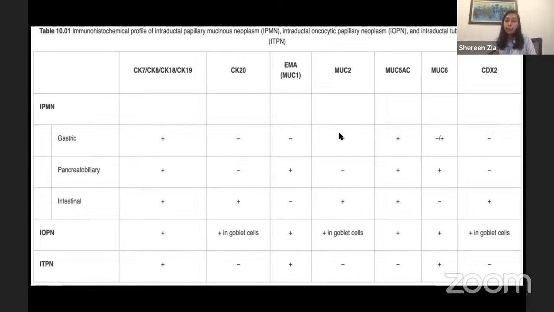Gastric type IPMN stains with MUC5AC. Pancreatobiliary usually stains with MUC6, and the intestinal type, like we saw in the first example, can stain with CK20 and CDX2. Then the staining patterns for IOPN and ITPN are different, as you can appreciate in the table: IOPN stains with MUC1, MUC6, and MUC5AC, and ITPN shows MUC1 and MUC6 positivity.